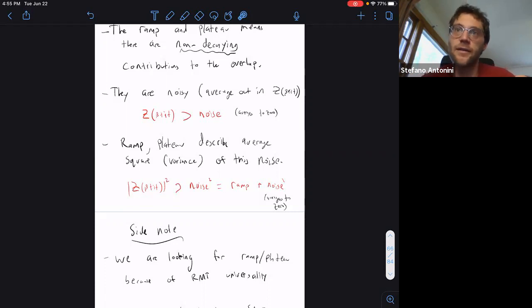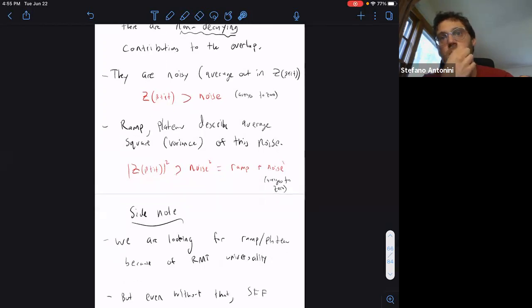Yeah, with JT gravity, we expect them both in higher dimensional gravity. For the ramp, we will give a possible explanation in a moment that also works in higher dimensions, so I'll get back to that. But for now, it's true that we do expect the ramp and plateau in JT gravity and higher dimensional gravity, because higher dimensional gravity is also chaotic and should have this random matrix level statistics.